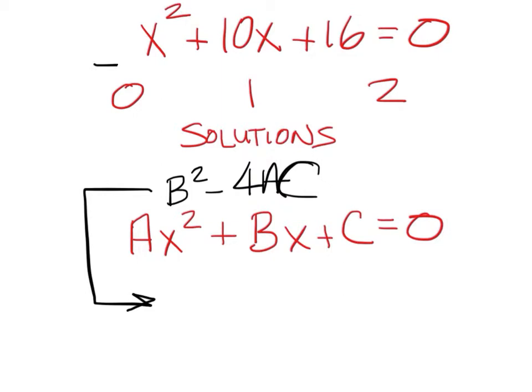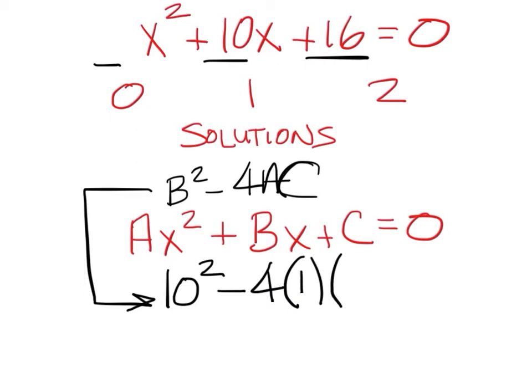What is b up here in this equation? 10, just 10. So 10 squared minus 4 times a. What is a? It's 1, right. And what is c? 16. So once I fill it in, I simplify.